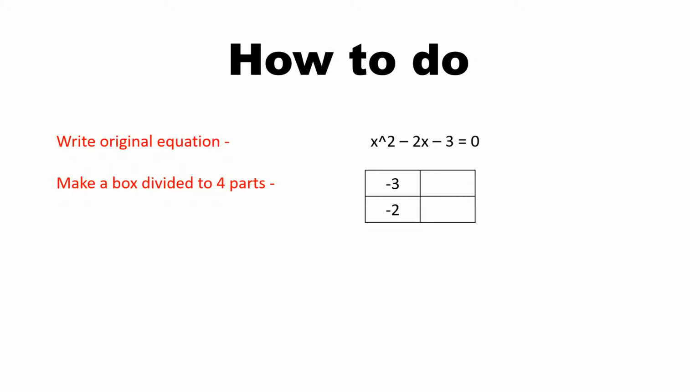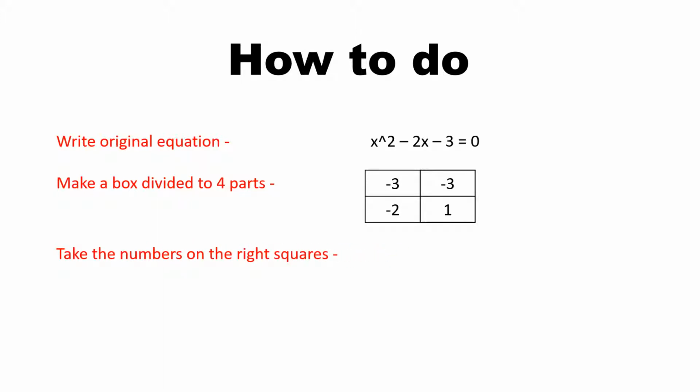So now you have to get two numbers. If you add those two numbers together, you're gonna get -2, and if you multiply those two numbers together, you're gonna get -3. So the number on the top is multiplied and the number down is added. So now you can see that -3 and 1 work: if you multiply them together, you get -3, and if you add them, you get -2.